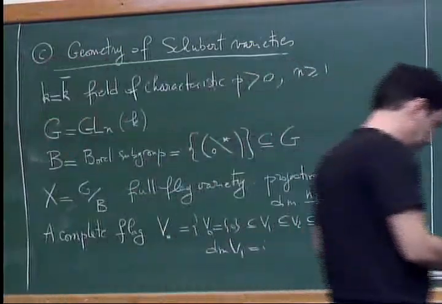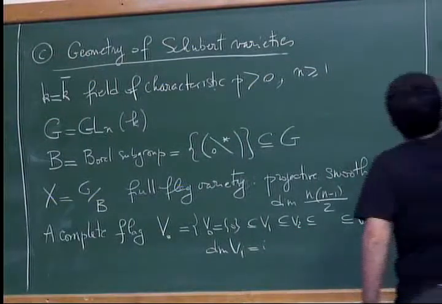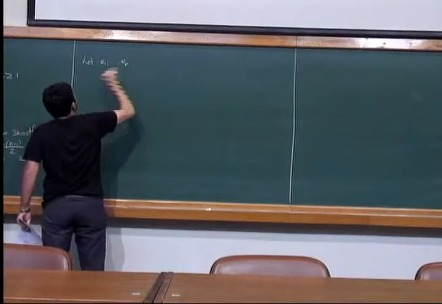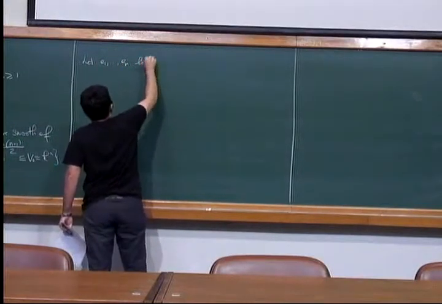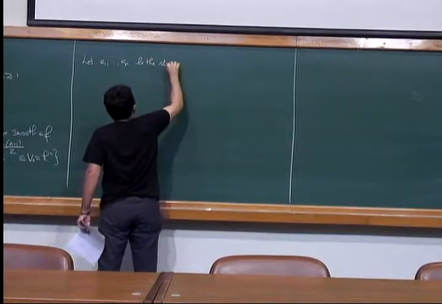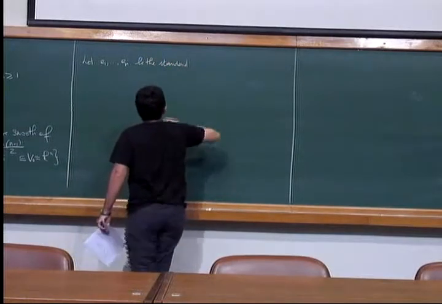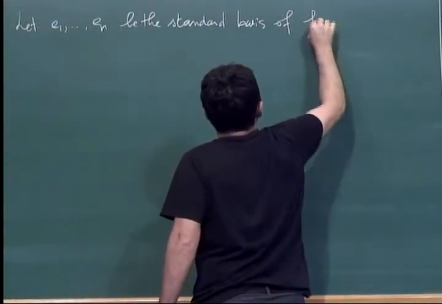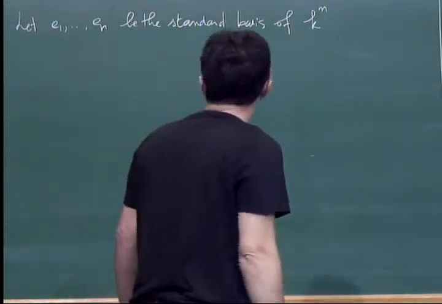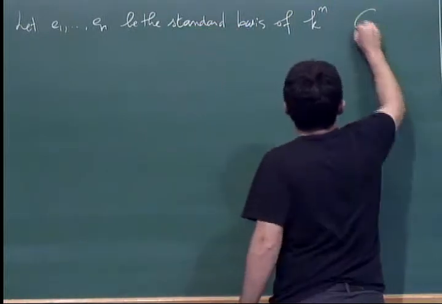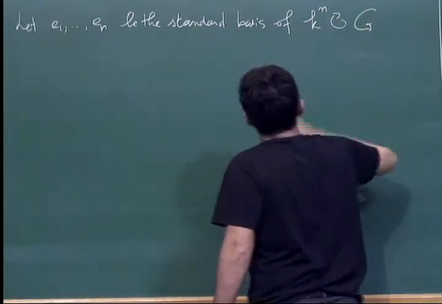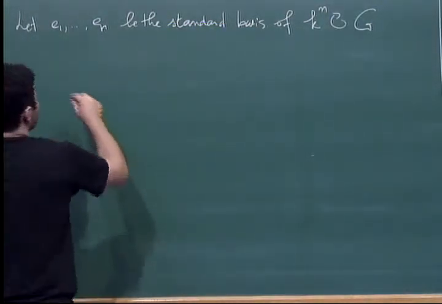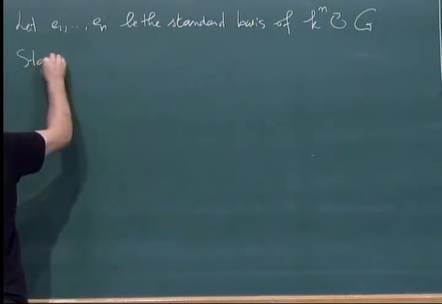So let's choose e1 up to en to be the standard basis of k^n. So G, the group, acts on this vector space. So you get, say, the standard flag.